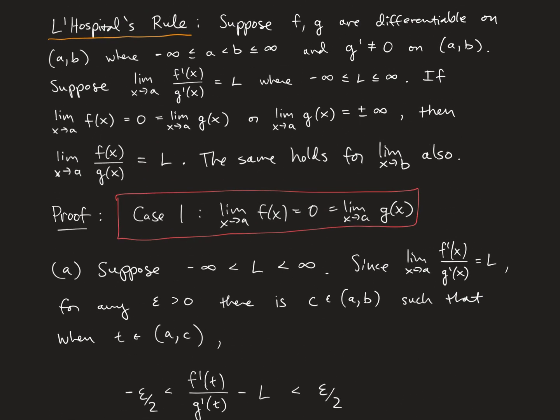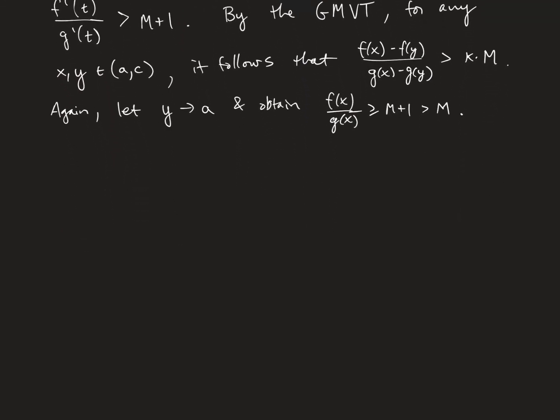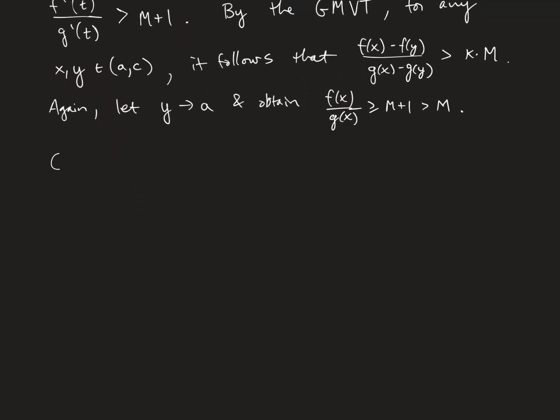So now we're going to go to the second case. So case 2, we have the limit as x goes to a of g of x equals plus or minus infinity.